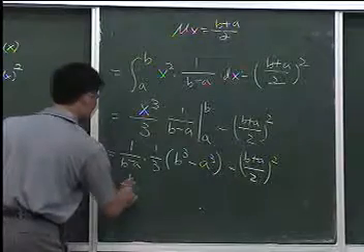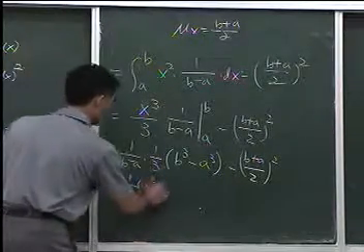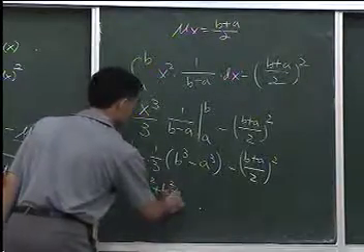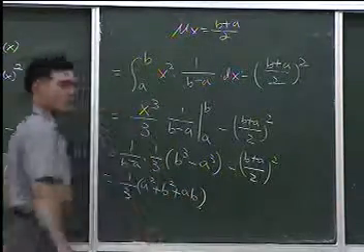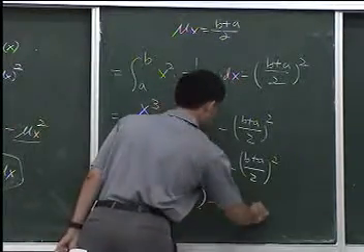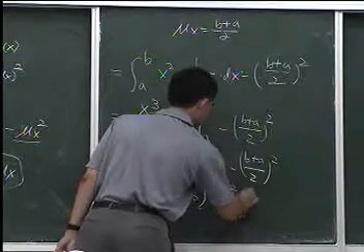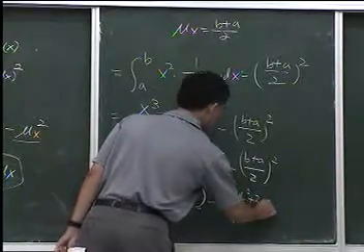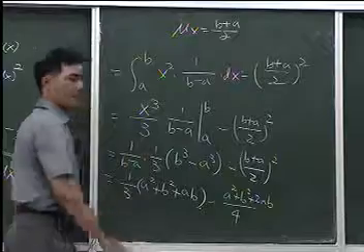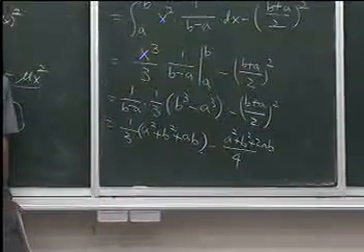So this is 1 over 3, okay, and this is a squared plus b squared plus ab, okay, and then minus 4a squared plus b squared plus 2ab. Okay? Any questions so far?